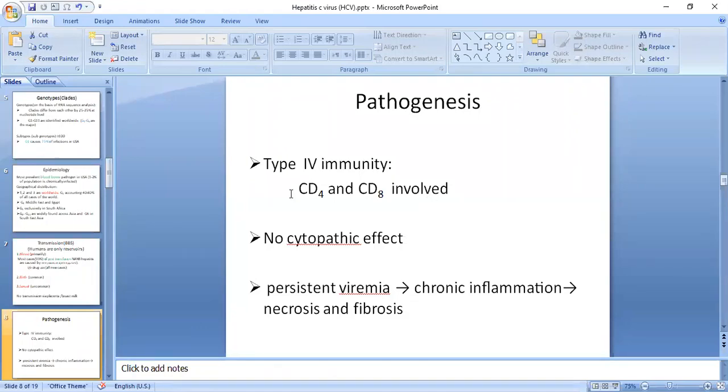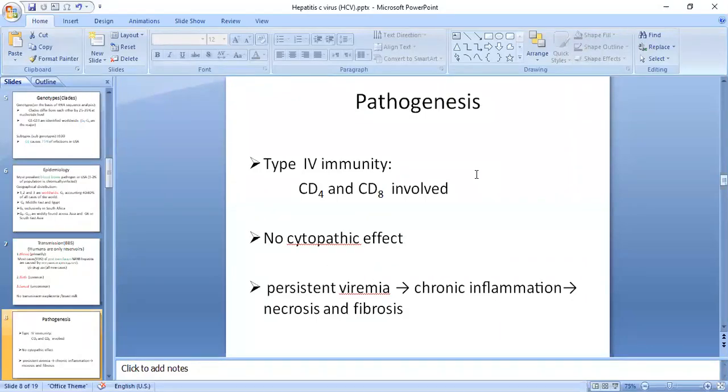However, there is no cytopathic effect. Cytopathic effect is common in acute hepatitis, while in chronic hepatitis the cytopathic effect doesn't occur.